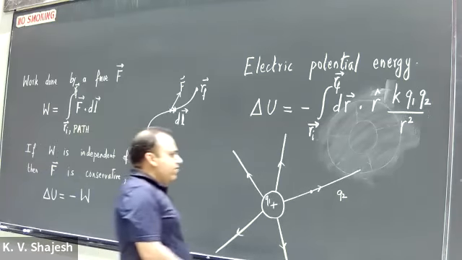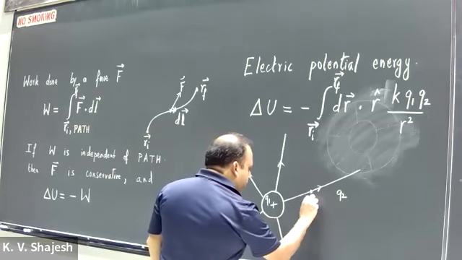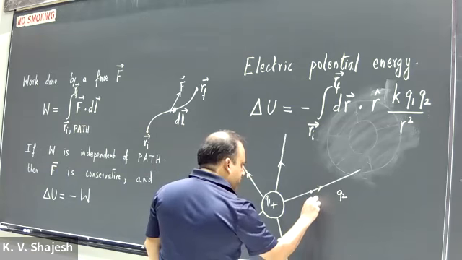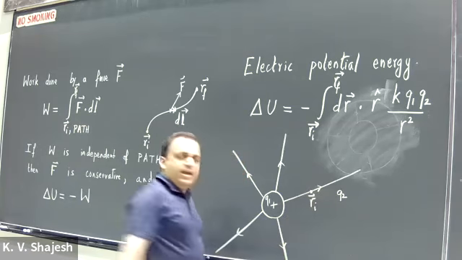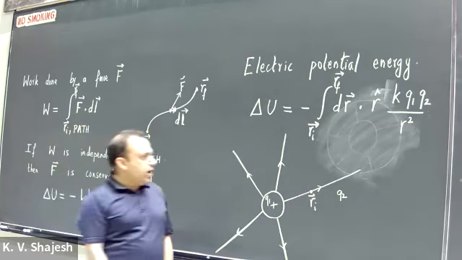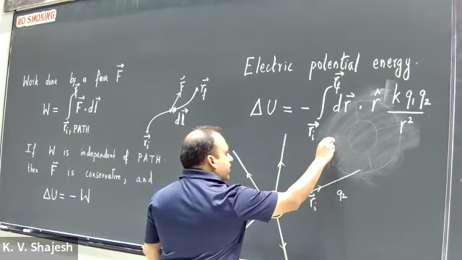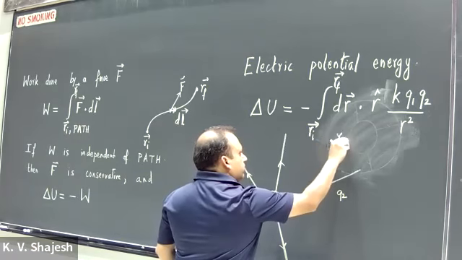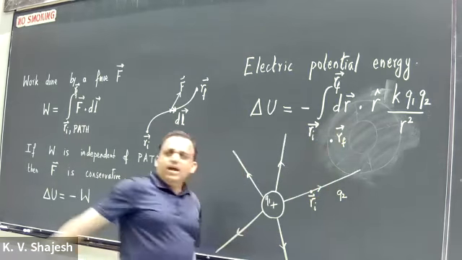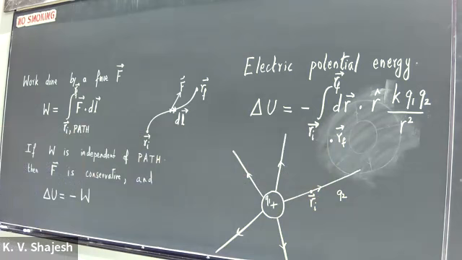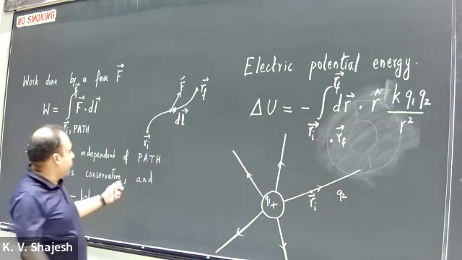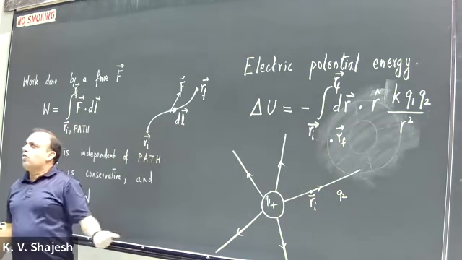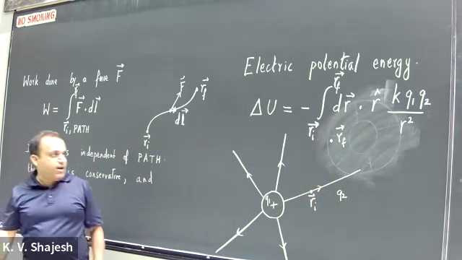Notice if this is my R initial, and if I want to go to another point, that could be my R final. I can break this path in many ways. It is path independent, so I can break it in many ways I want to.